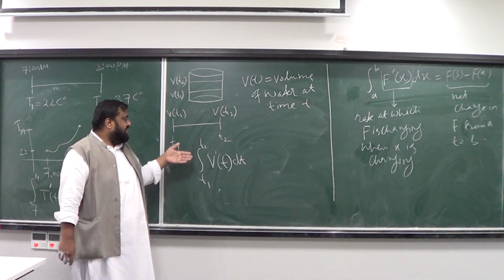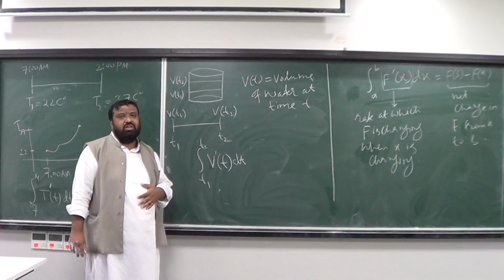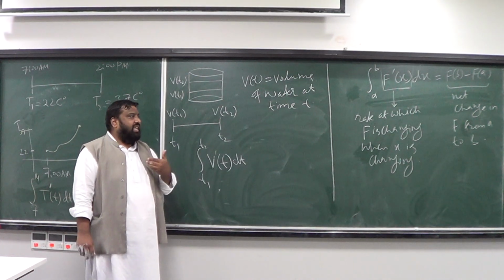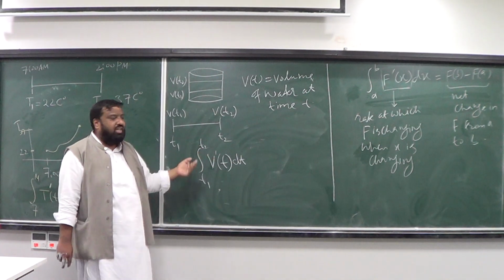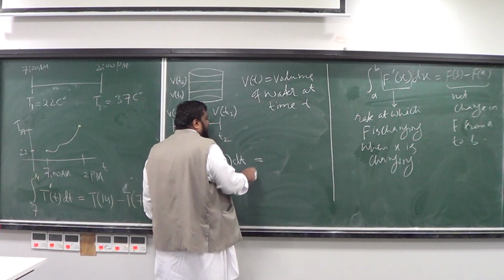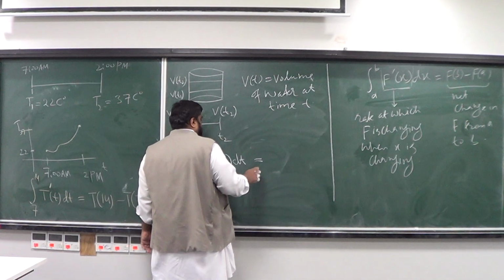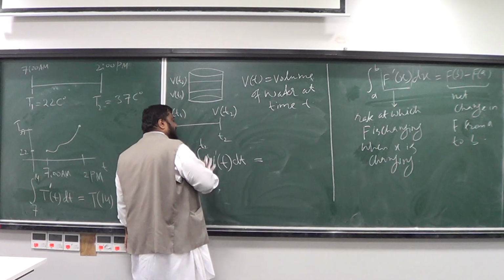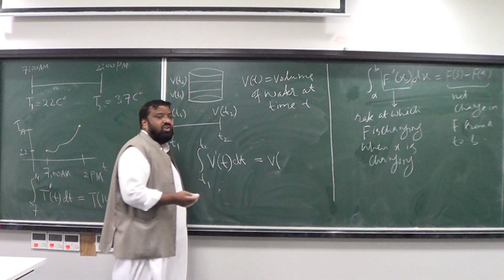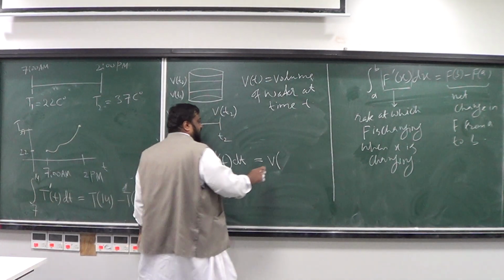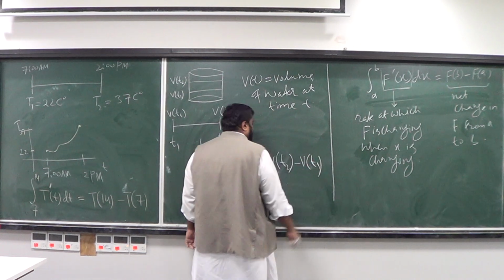If this adding and subtracting of water from the tank has been constantly done, so it's kind of a continuous function, then the fundamental theorem of calculus is going to tell you that this sum of all changes in the volume of water is going to be equal to the net change in volume of the water. So in other words, it's going to be V of t2 minus V of t1.